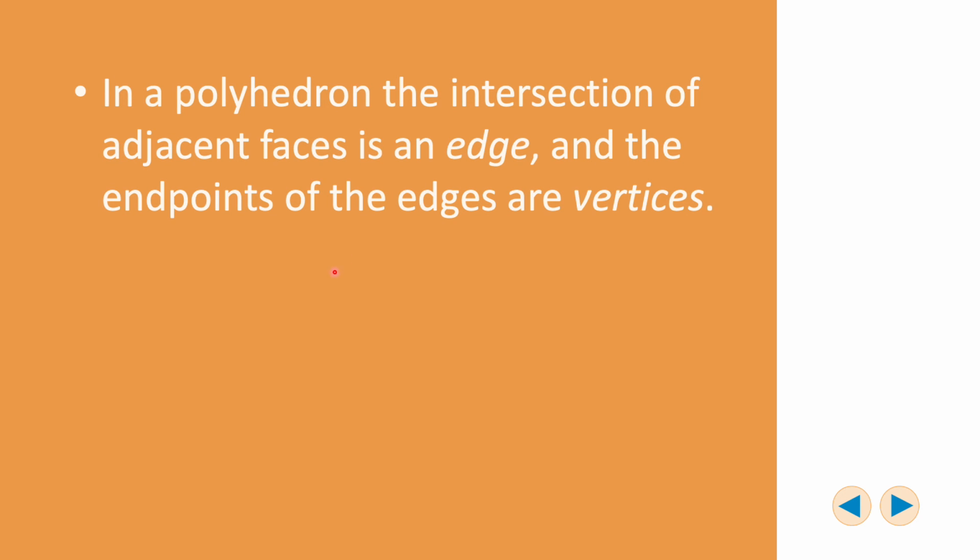Okay, so for a polyhedron, the intersection of the adjacent faces is an edge. Adjacent, remember, means next to, like our adjacent townhomes. And the endpoints of the edges are called vertices. I'm going to go ahead and try to draw this for you.